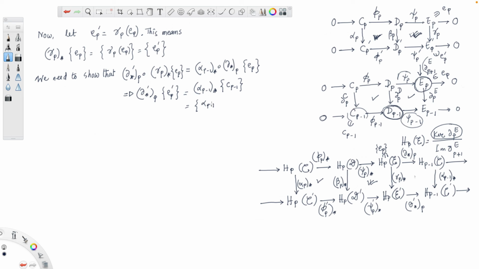So I don't need it, so let me erase. Okay, so this is something that we need to prove. All right, so if we prove this one, we'll end up proving that the last square commutes as well.